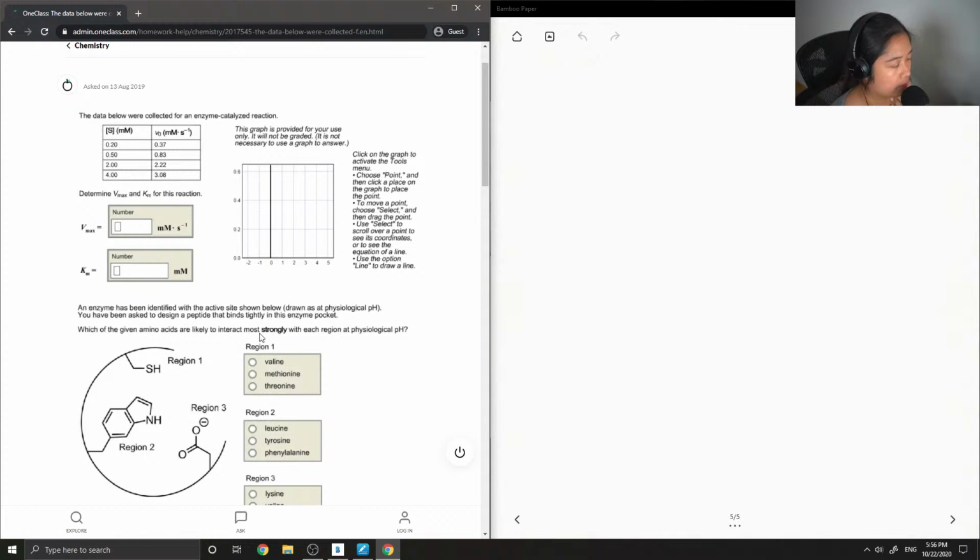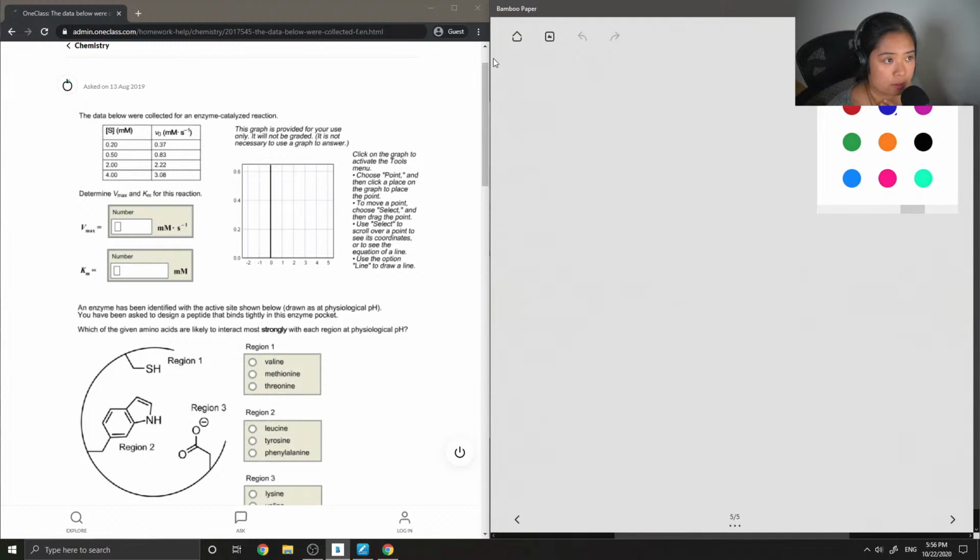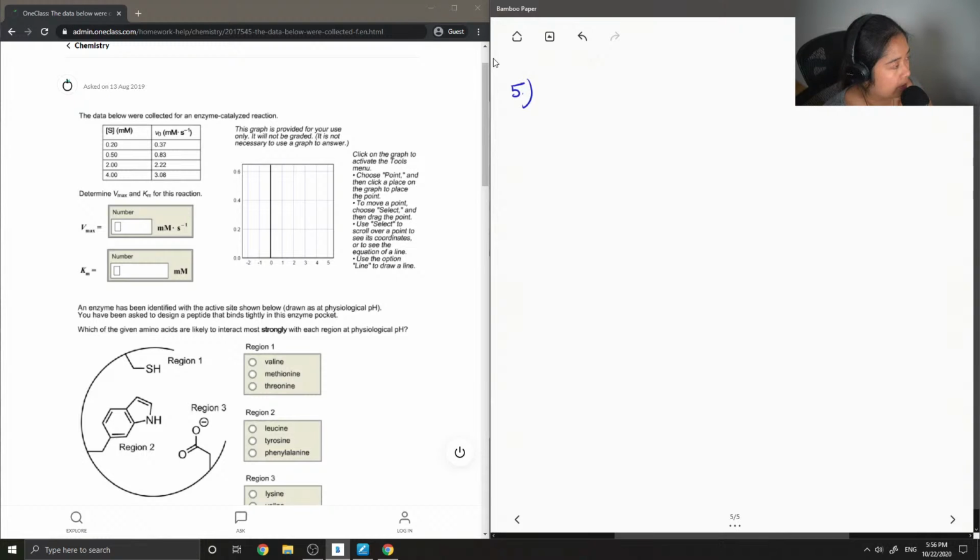Okay, so looks like number 5 is kind of like a two-parter. The data below were collected for an enzyme-catalyzed reaction. And then they give values of the concentration of the substrate.